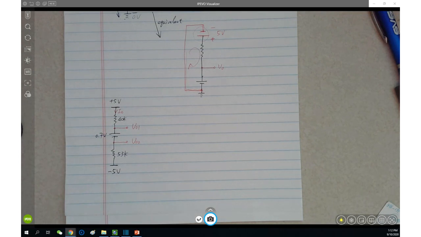Anyone get any value for any of these three unknowns? Any result? Kevin got I naught like 0.1 something milliampere.